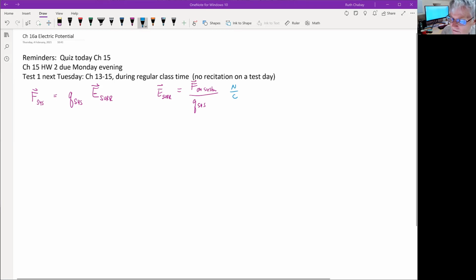So the electric field is really force per unit charge. And by unit charge, we just meant per Coulomb, because a Coulomb is the unit of charge, right?